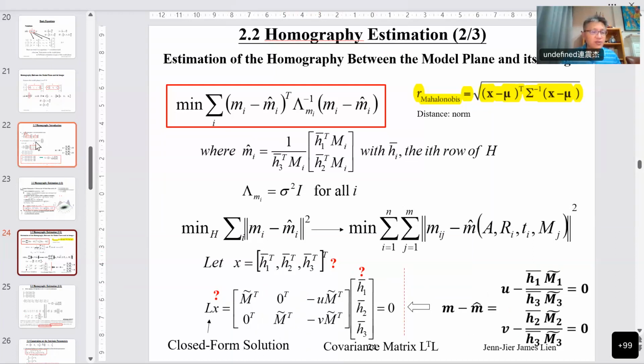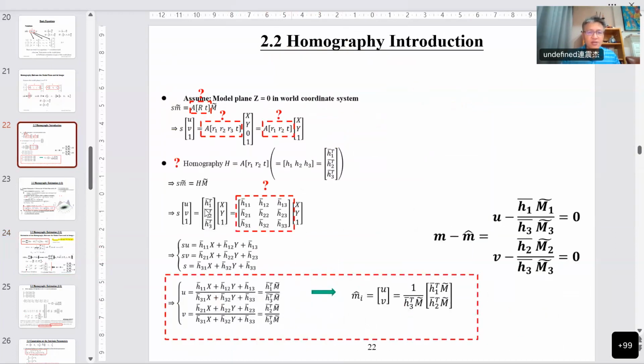But don't confuse it with this one. This is from the beginning. From the beginning, we have this one, and this term, intrinsic and extrinsic parameters, becomes H. So we have this format, but our purpose is to solve H. And we have an input, right?